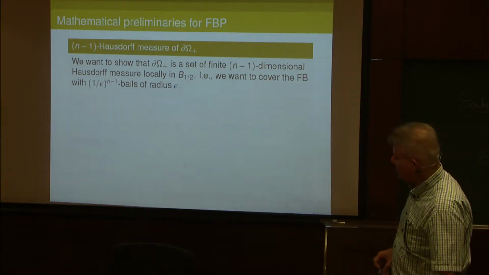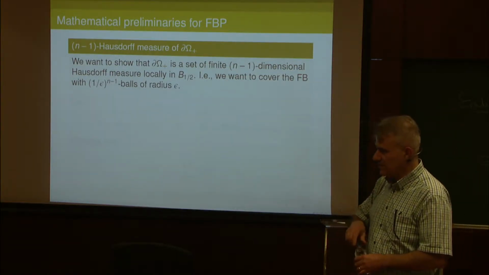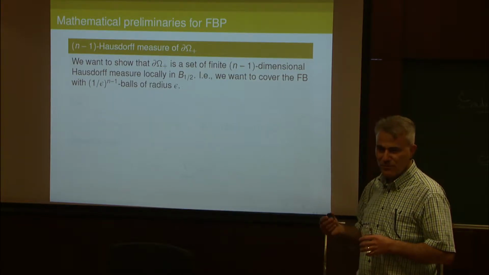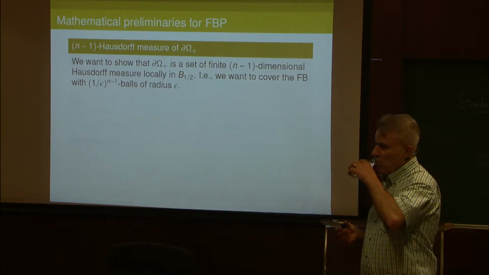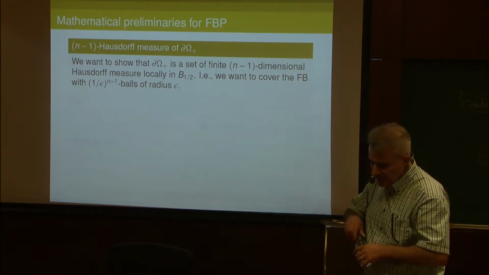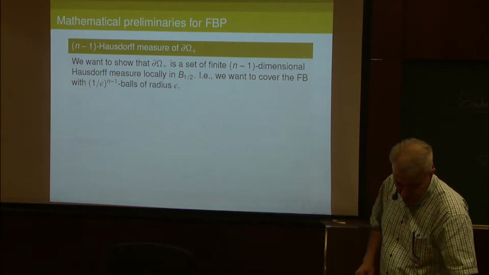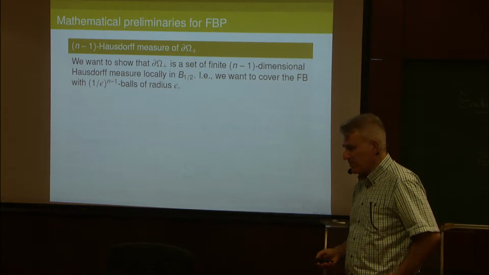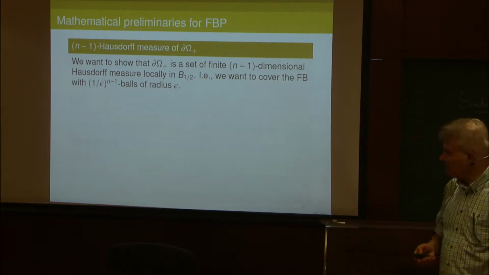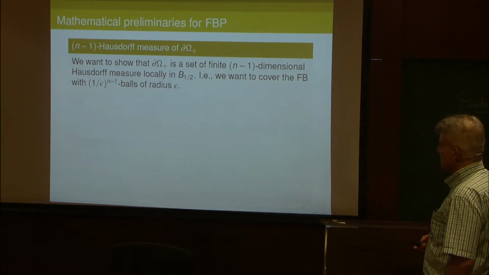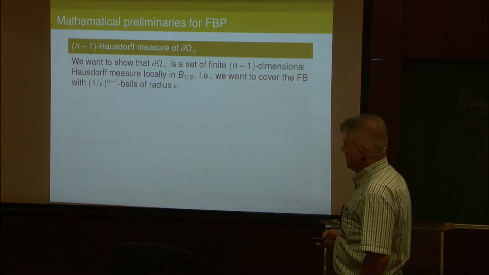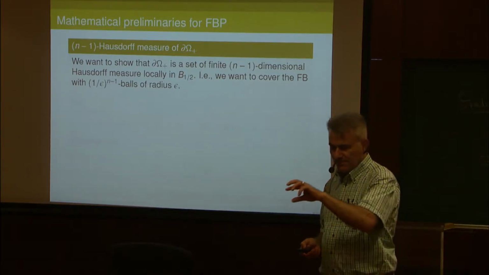Okay, so let's do the Hausdorff measure. So there is some computation involved. I'm going to go through slowly. These computations are not hard, but you have to have seen it in order to make it easy. So what we do is we want to cover the boundary.